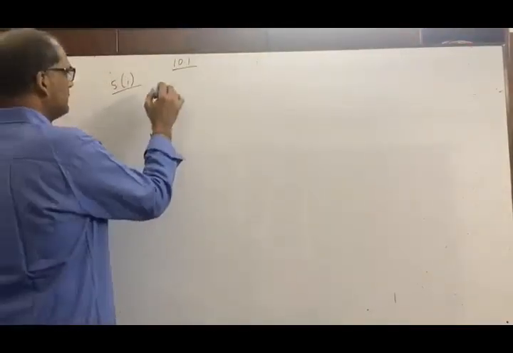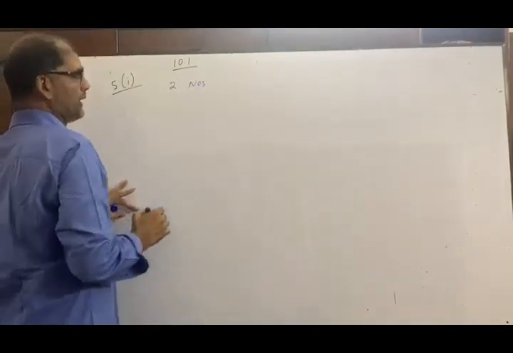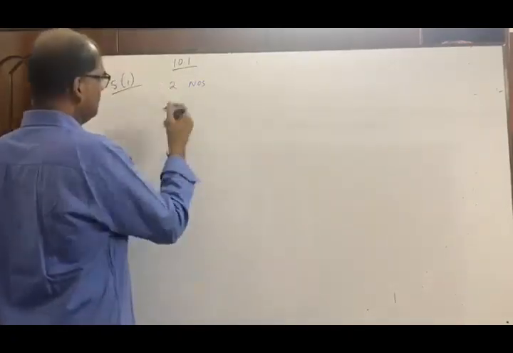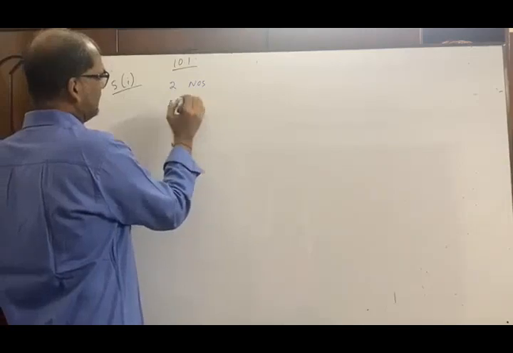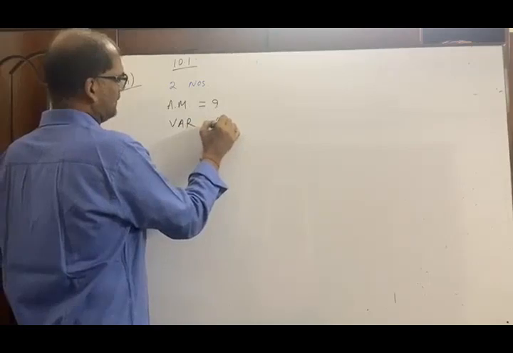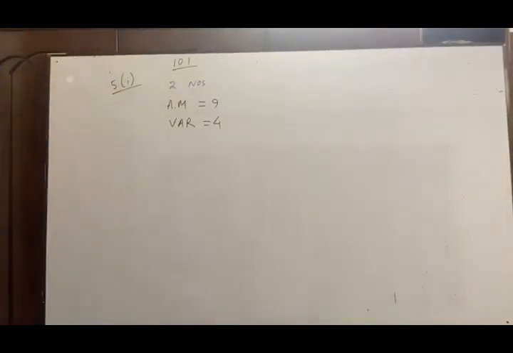Two numbers are given, and their arithmetic mean is equal to 9 and variance equal to 4. You have to determine those two numbers. There are two numbers whose arithmetic mean is 9 and whose variance is 4. We have to determine those two numbers.